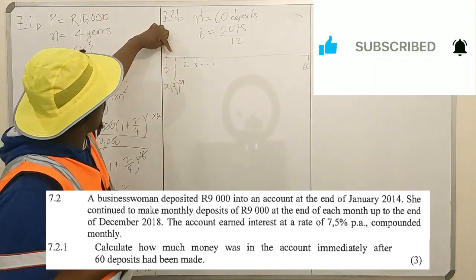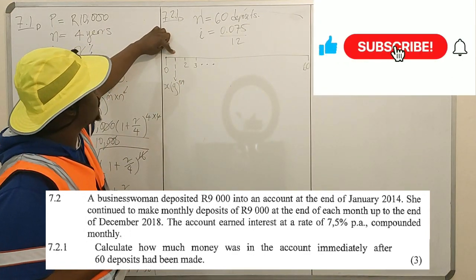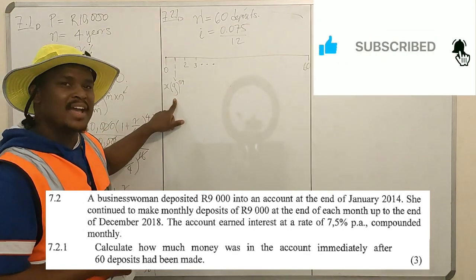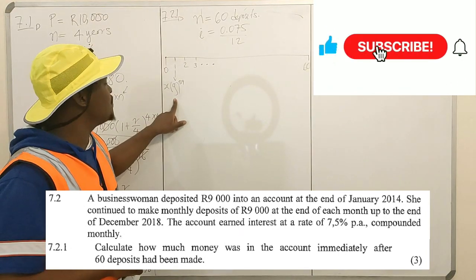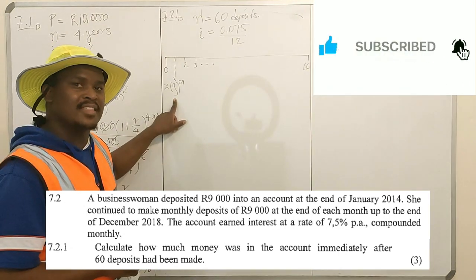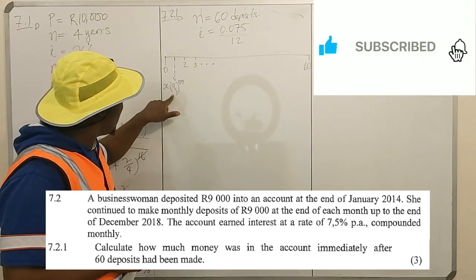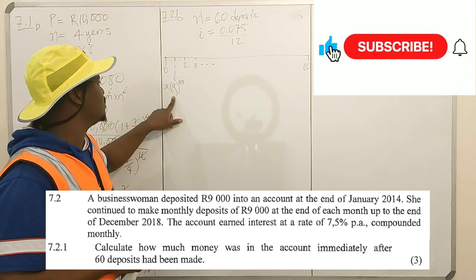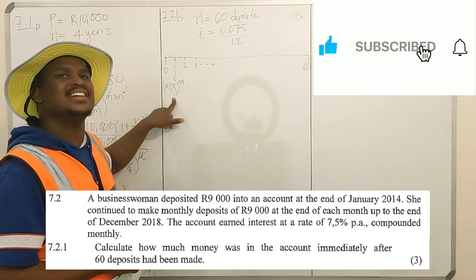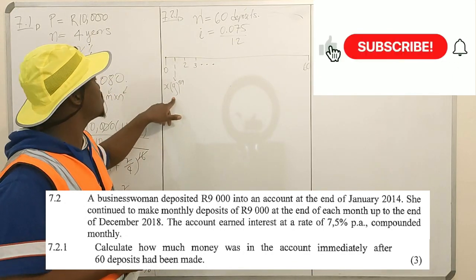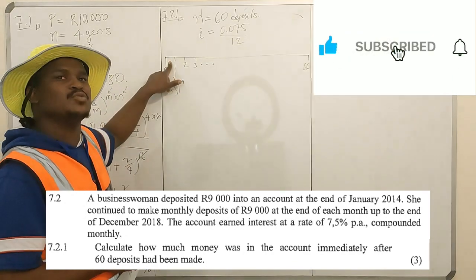The first deposit is made at the end of the first month of the year, at the end of January, which means this amount in 2014 will only earn interest for 11 months, because the first month will be missed out.